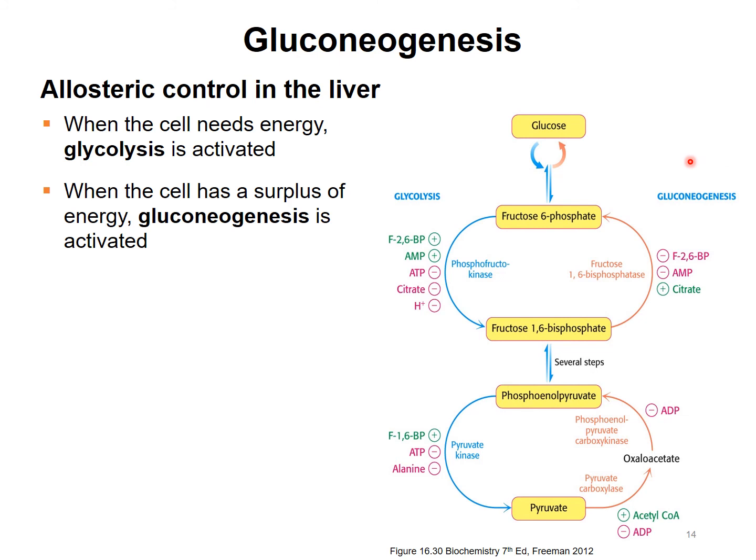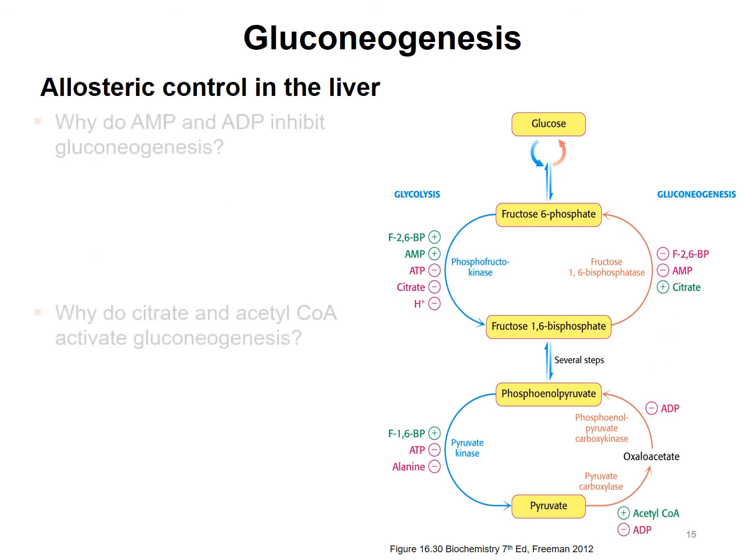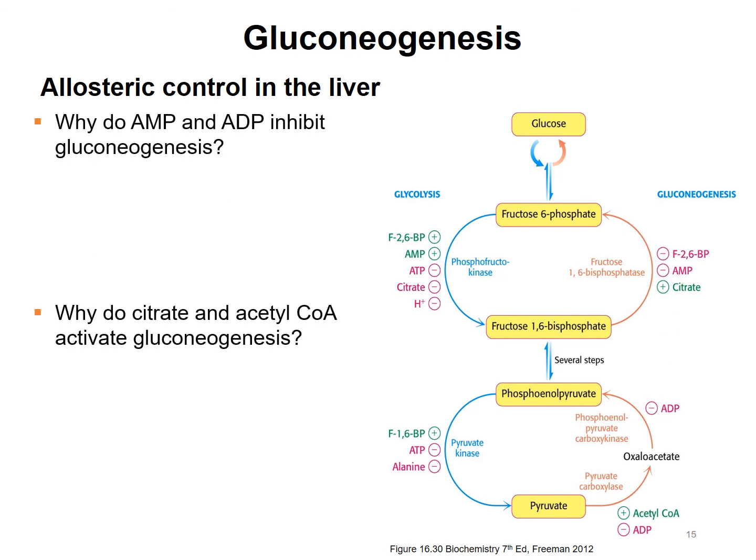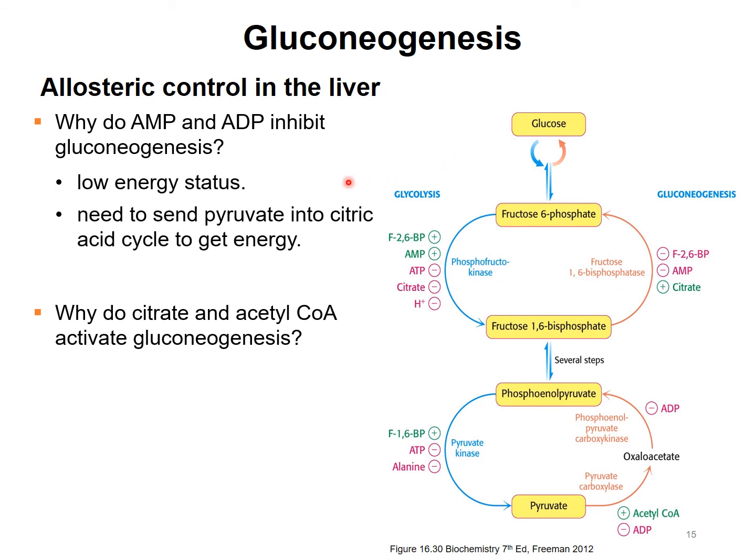Now, on the other hand, gluconeogenesis can be inhibited by F26BP, AMP, and ADP. So, why do AMP and ADP inhibit gluconeogenesis, as you can see from the diagram? Well, because they mean a low energy status, and we need to send pyruvate into the Krebs cycle to get more energy production.